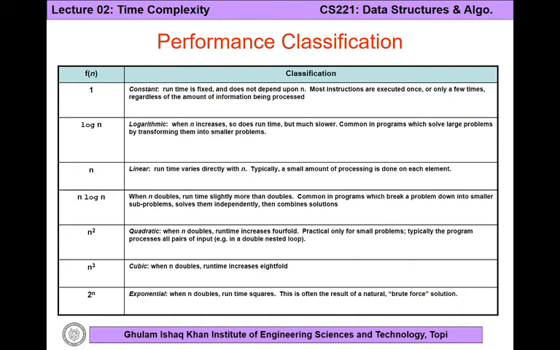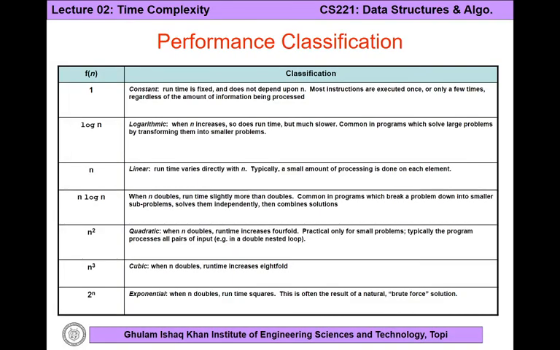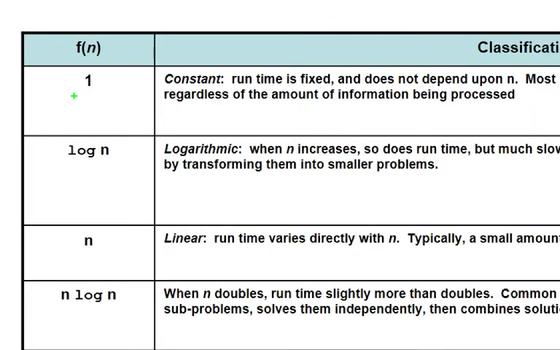So now let us come back to the performance classification of various types of code. Later I will be giving examples here. Now the order of 1 is the best, right? Then something which is more time consuming as compared to 1 is log of n, right?